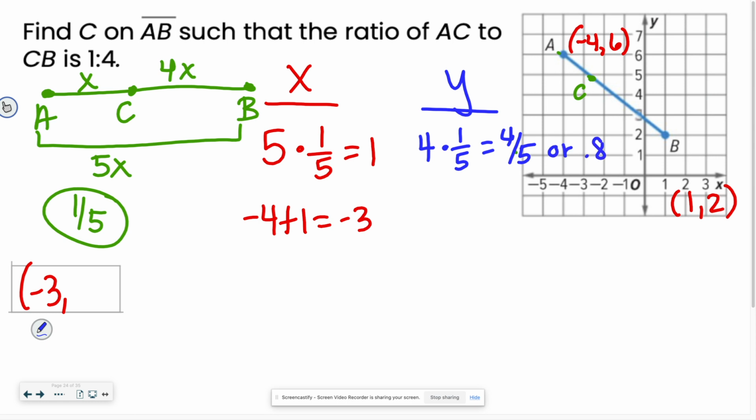Now what do I do with that 0.8? If I add it, I'm going up, so we want to subtract it. 6 minus 0.8 is 5.2. Beautiful.